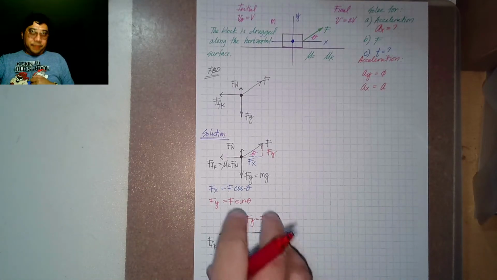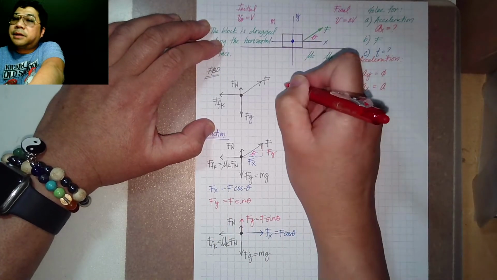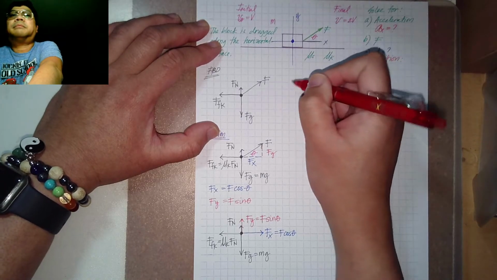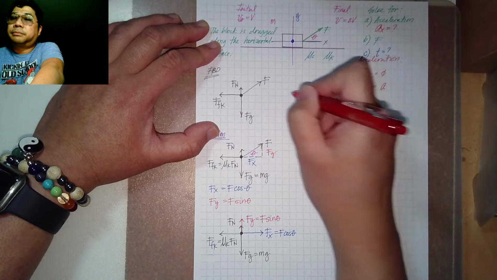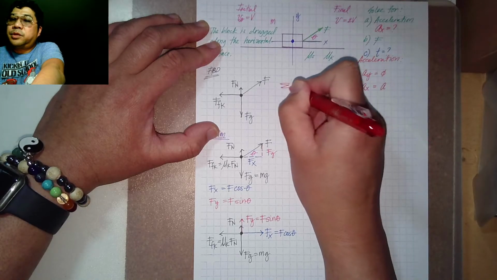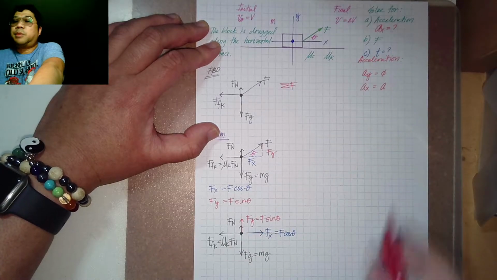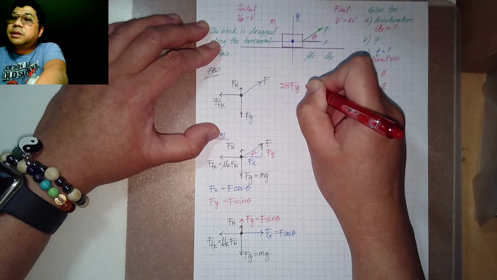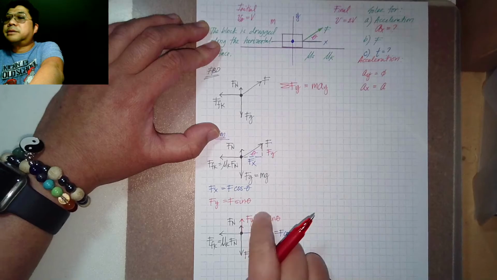Now that we have this, let's proceed by analyzing the forces and applying the second law of motion. So that will be our summation of forces along our y-axis, which is equivalent to mass multiplied by the acceleration along the y-axis.